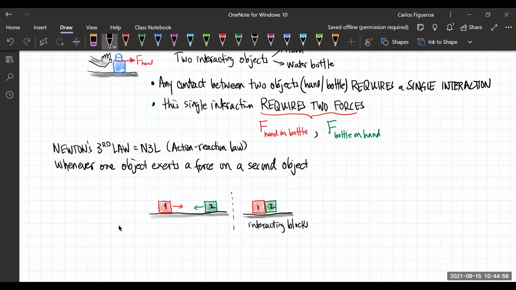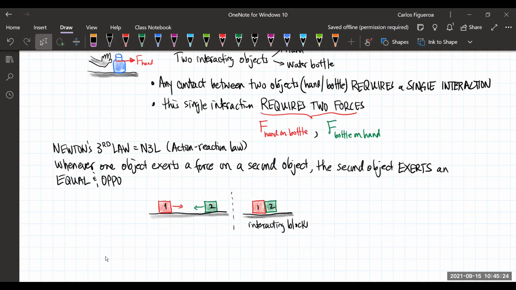Newton's third law says the second object exerts an equal and opposite force.